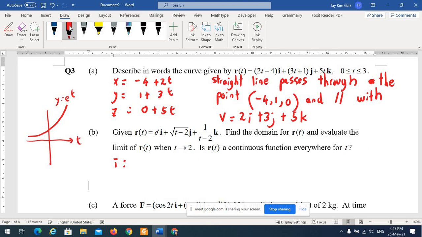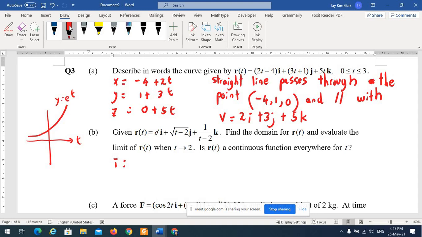This is the graph of y equal to e to the power t. So from the graph you see, is there any number that cannot be taken or not? From the graph of y equal to e to the power t, actually t can take all the values.